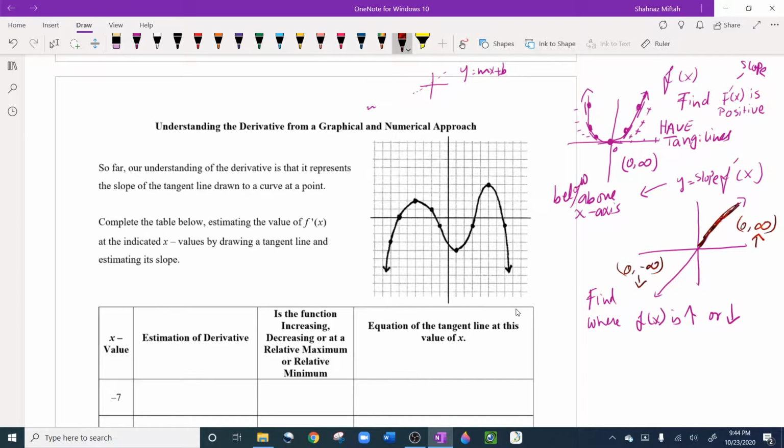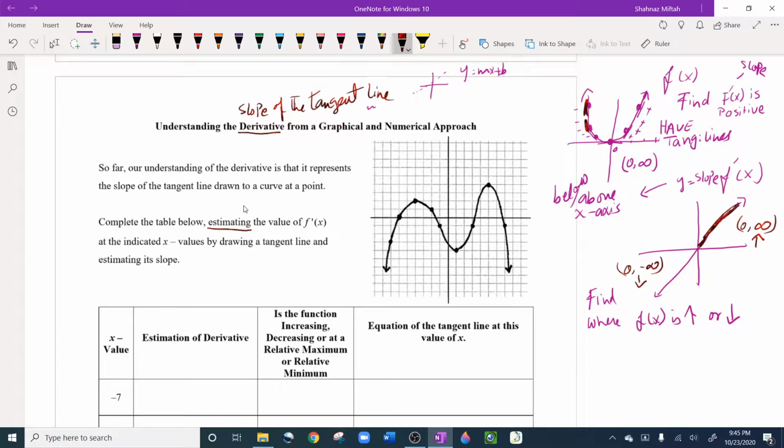Okay, let's try this. So far, our understanding of the derivative is that it represents the slope of the tangent line. I already told you derivative means slope of the tangent line, like the slopes of these small tangent lines I drew up here. Complete the table below, estimating.